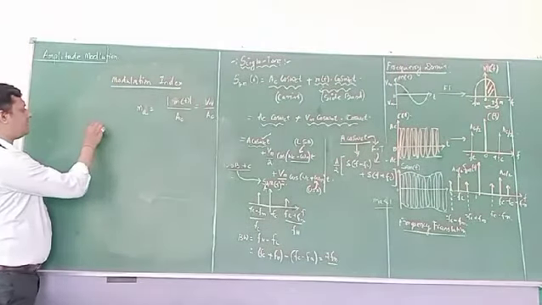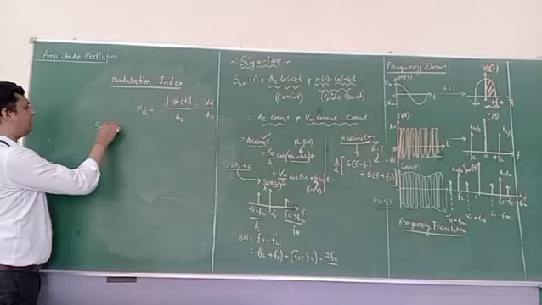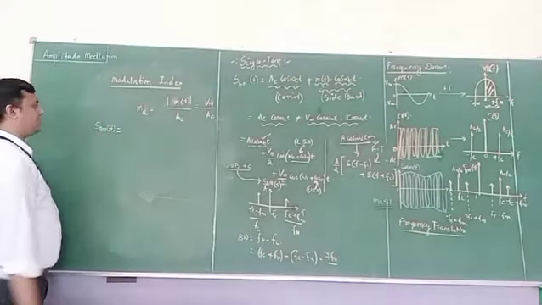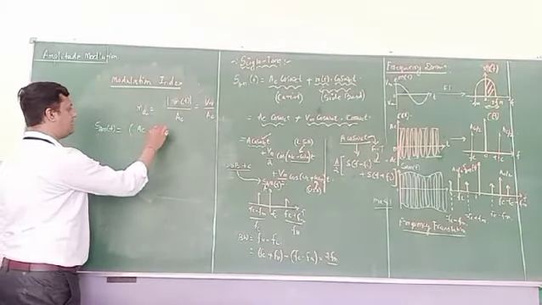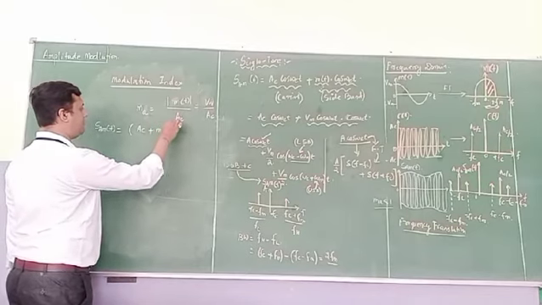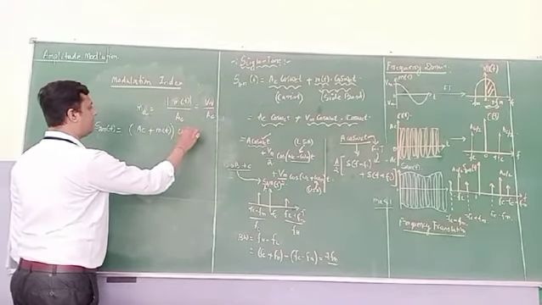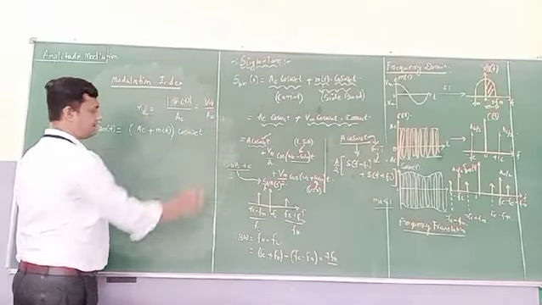So let us once again write S_AM(t) equals (Ac plus m(t)) into cos omega t.